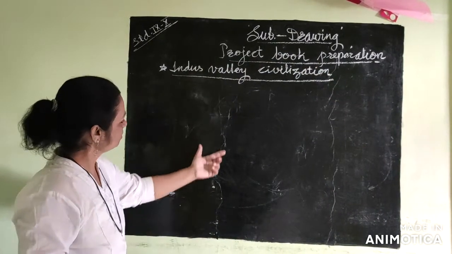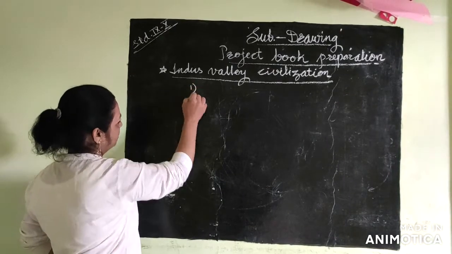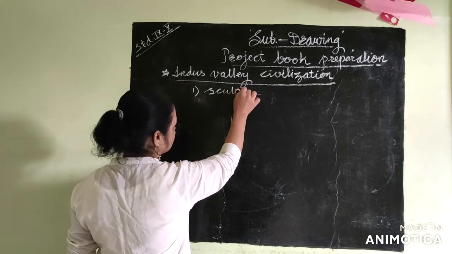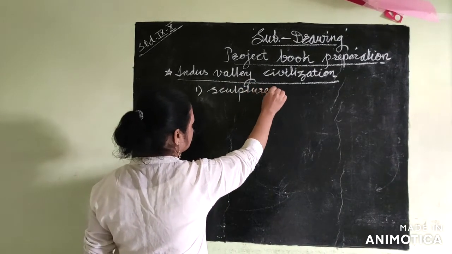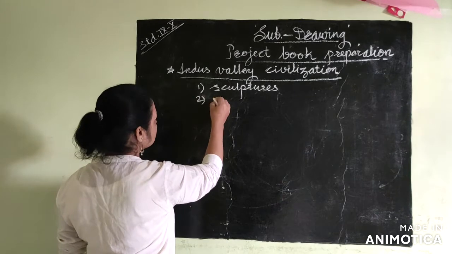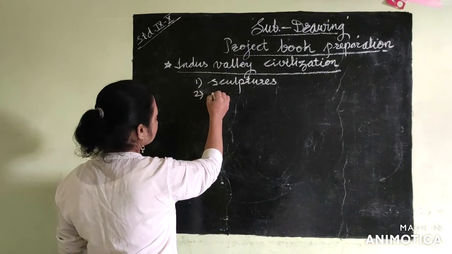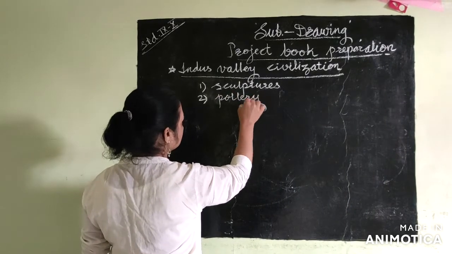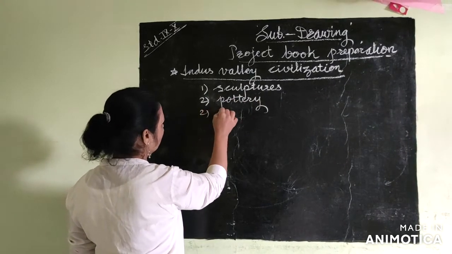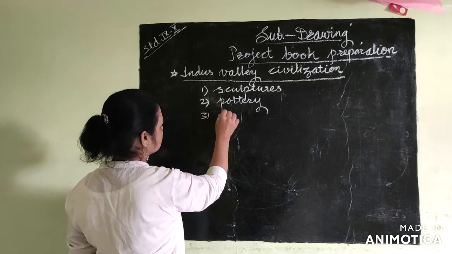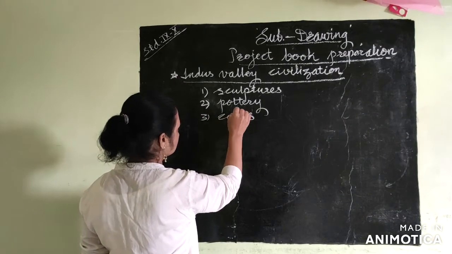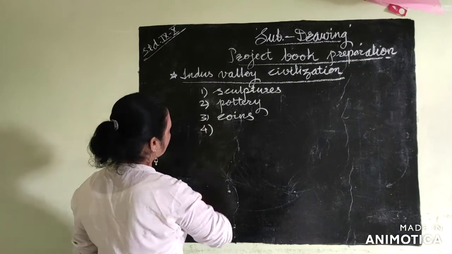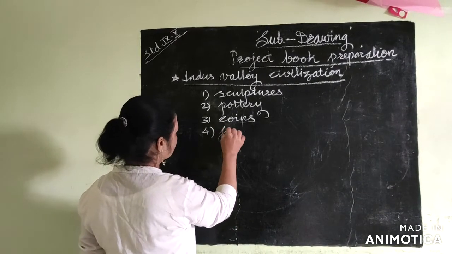So you know people, here we learn about sculptures, then pottery, coins, and we can add jewelry also.